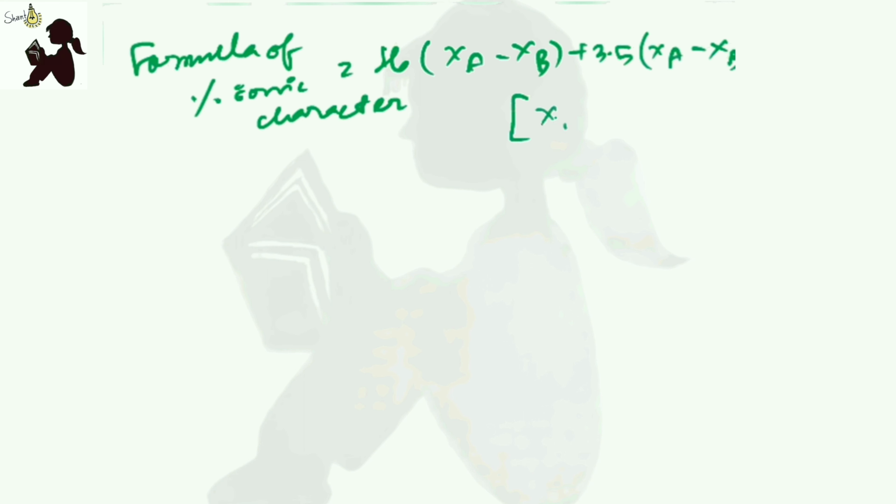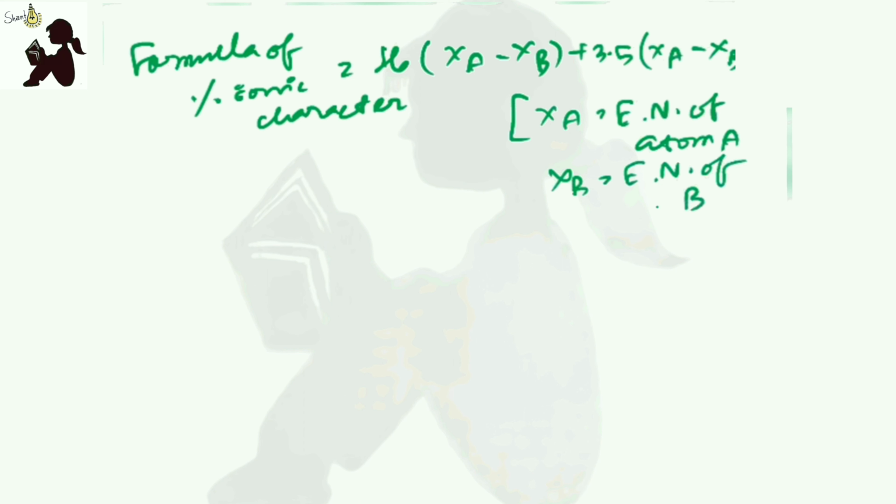So here, what is psi A? Psi A is electronegativity of atom A. Psi B is electronegativity of atom B.